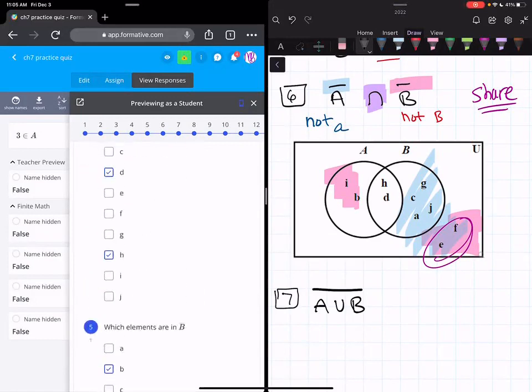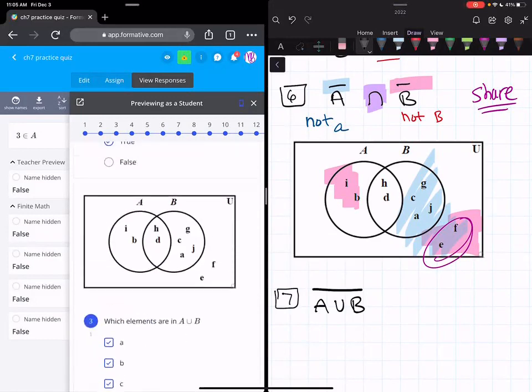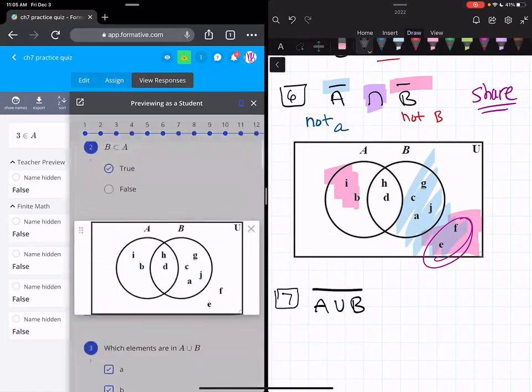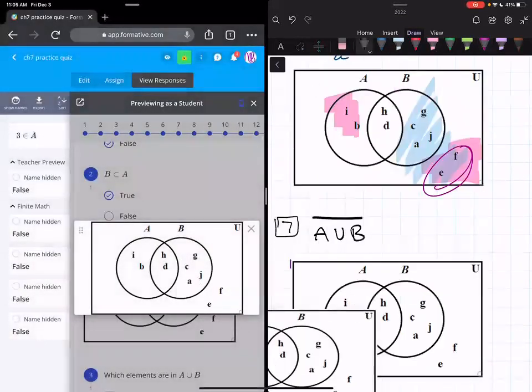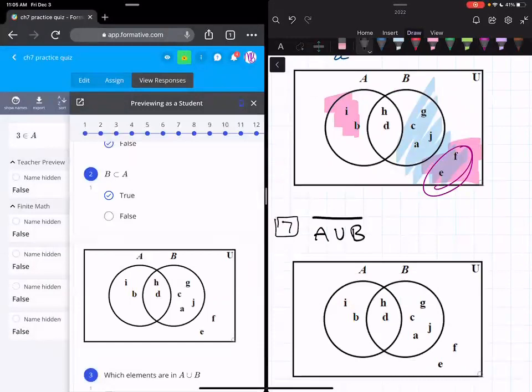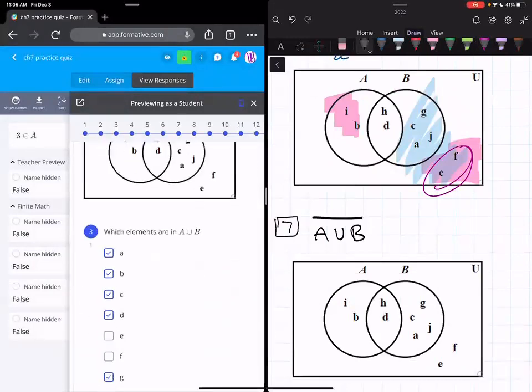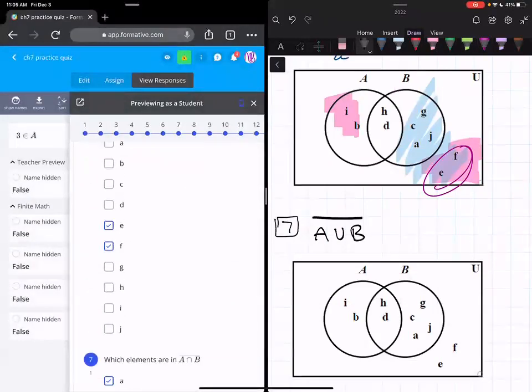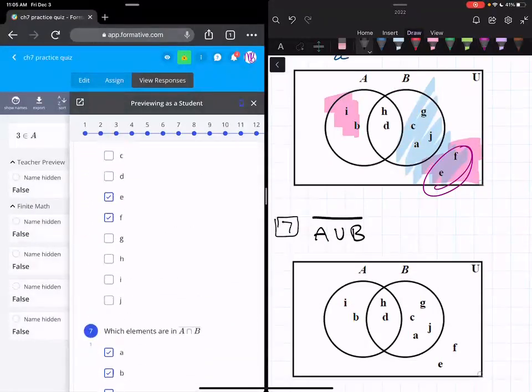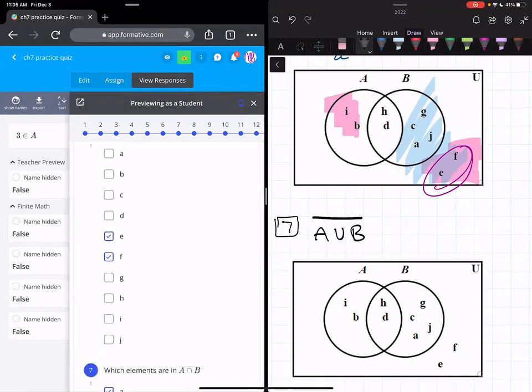Okay, again, I'm going to go steal a clean copy of the picture. It's one of my favorite features of OneNote is that you can just steal a copy of a picture. 5, 6, 7. Which elements are in not A, oops, I wrote it down wrong.